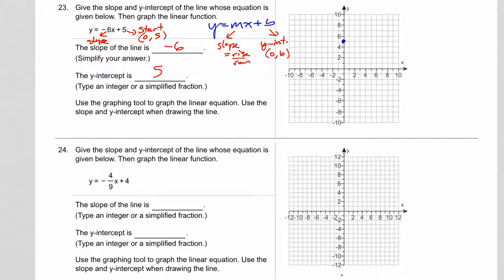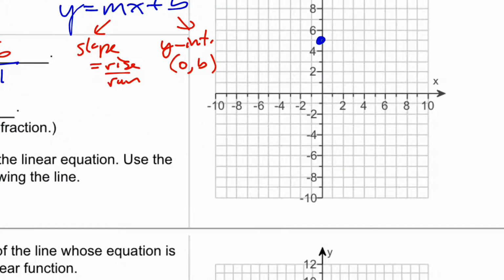That's on the y-axis. And from there, the slope is a ratio. It's a rise over run. So if we don't see the number, we go ahead and put it over 1. So this means we're going to go down 6, 1, 2, 3, 4, 5, 6, and over 1 right there.